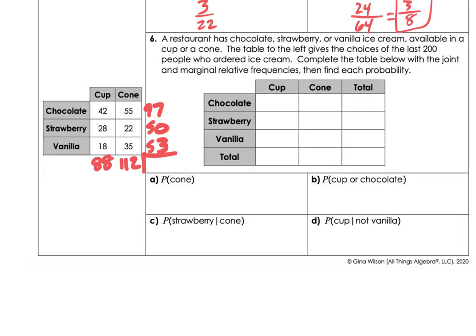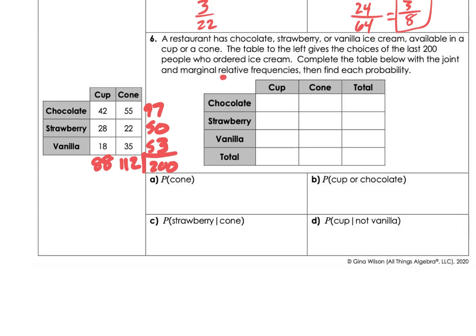So how many people were in this survey? 200. Okay. Sometimes it tells us that, sometimes it doesn't. It did tell us in the problem here that there were 200 people. So my data better add up to be that, right? If not, we're missing some answers or we added wrong.